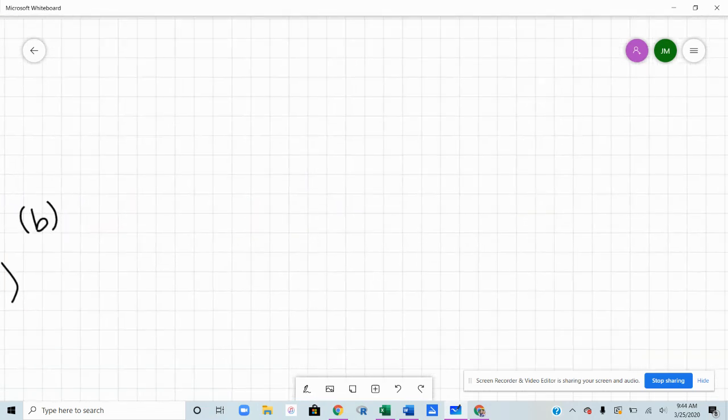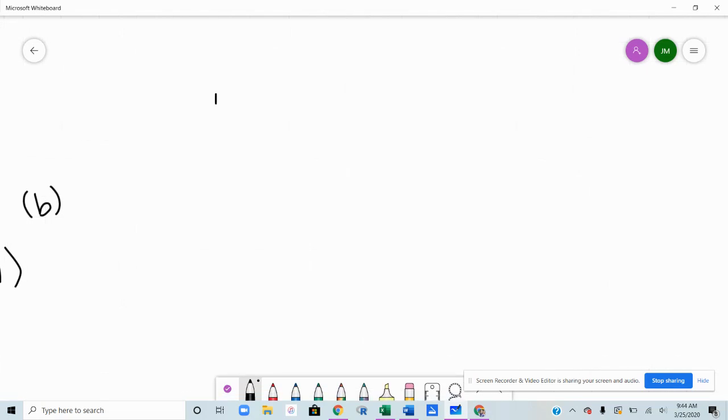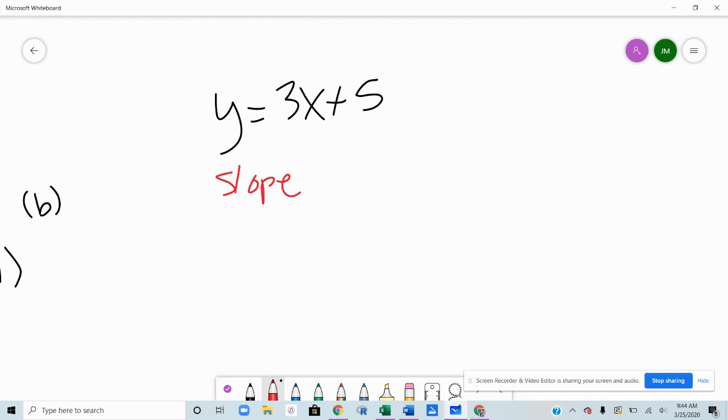Off to the side here, if I were to give you an equation, you should be able to tell me the slope and the y-intercept. Slope is the number in front of x. Y-intercept is the constant that's by itself. So your slope would be 3, your y-intercept would be 5.